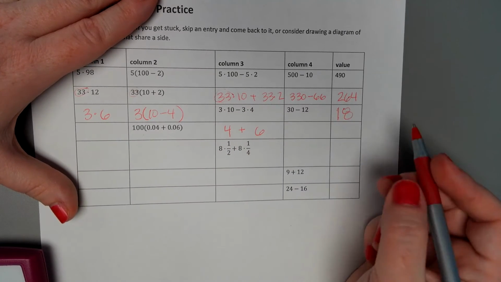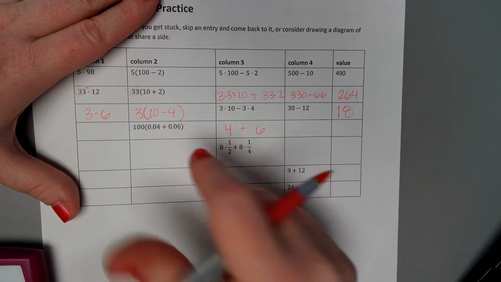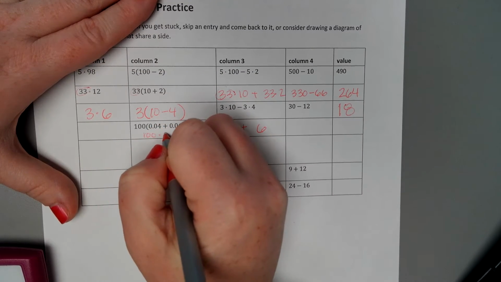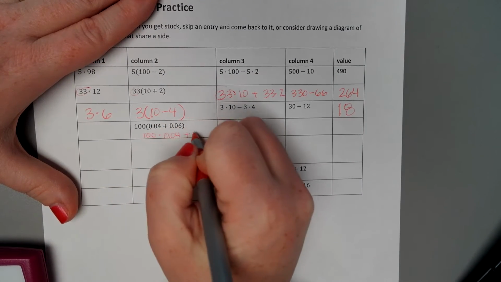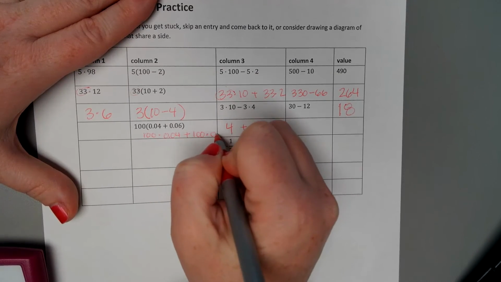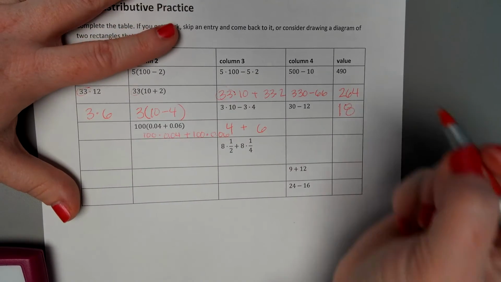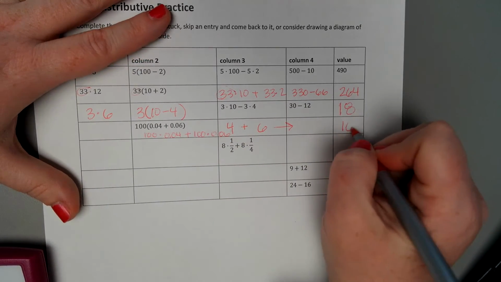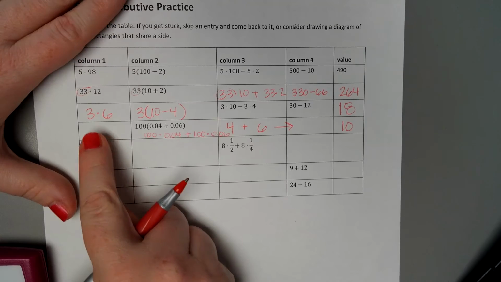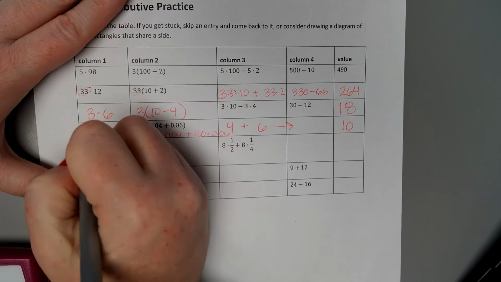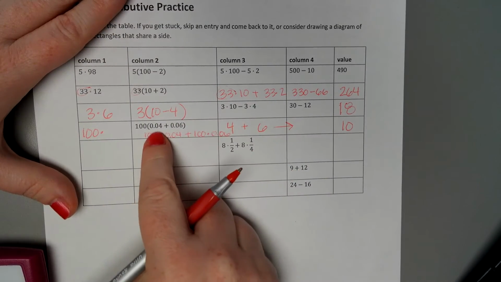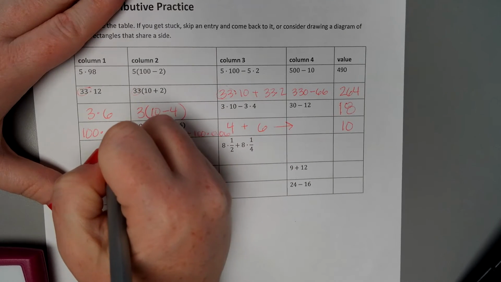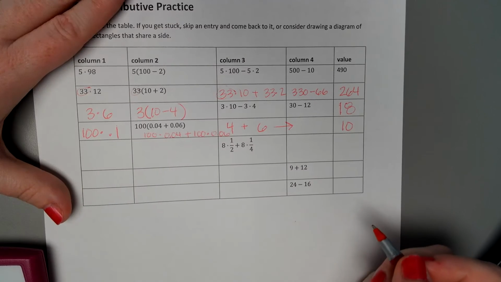Okay, well, I'm going to skip a step because I forgot to write it. We would have 100 times 0.04 plus 100 times 0.06. So that goes there, which gives us 6 plus 4 is 10. Now we have to make this one. So I have 100 times, and then 400ths plus 600ths gives us 1/10.